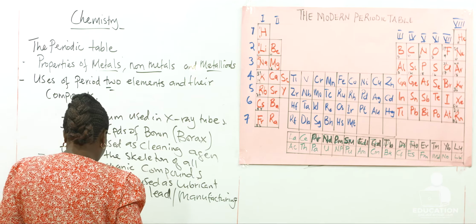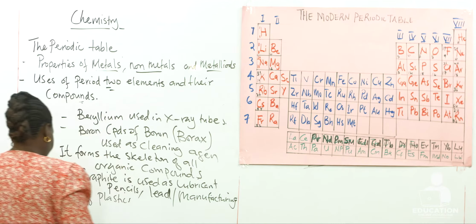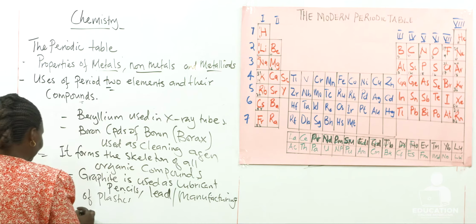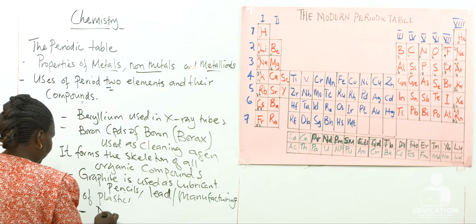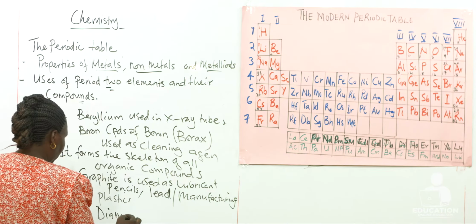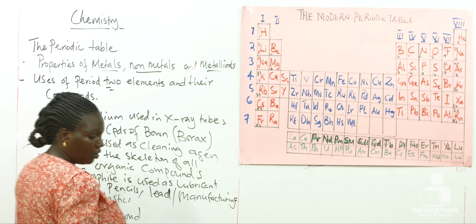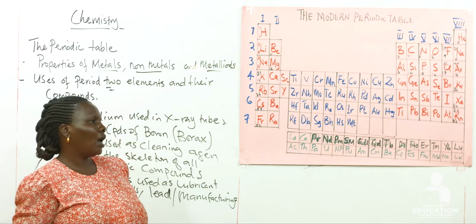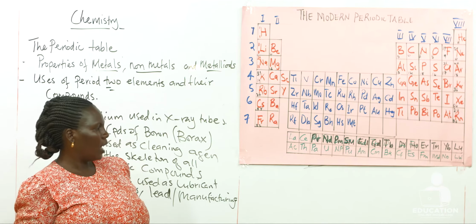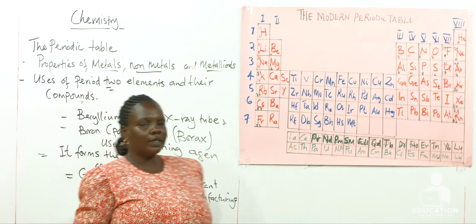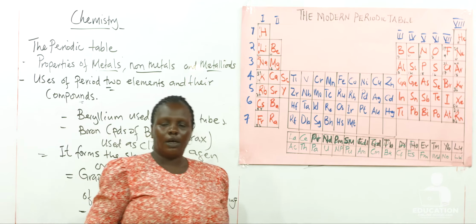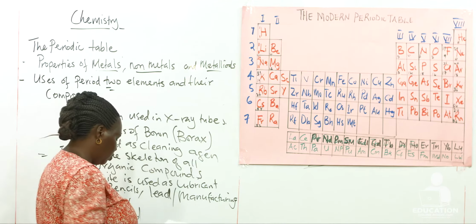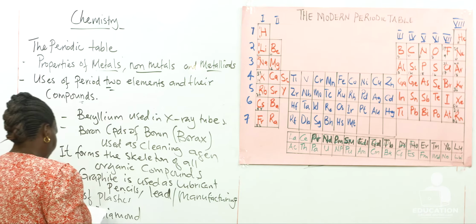And then we have also diamond. Diamond contains carbon. Diamond is a carbon compound. We all know that diamond is one of the most expensive and precious minerals, and it is used for jewelry.